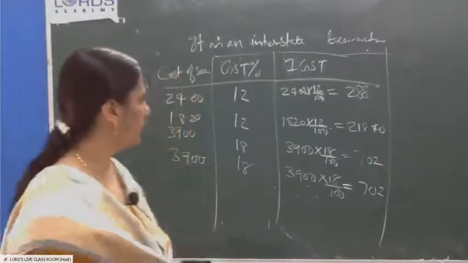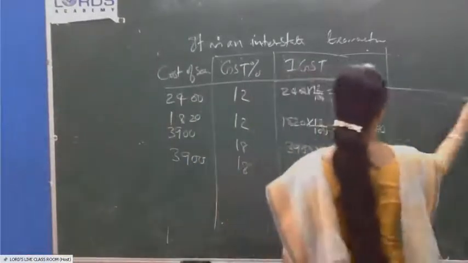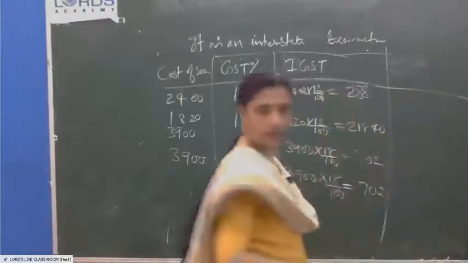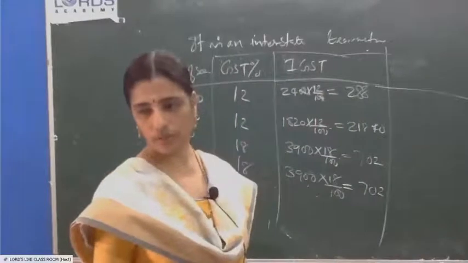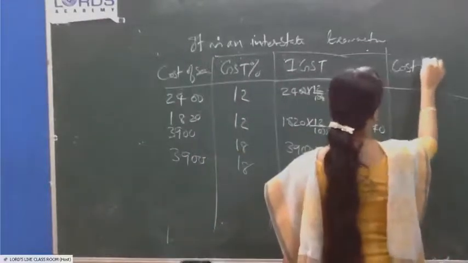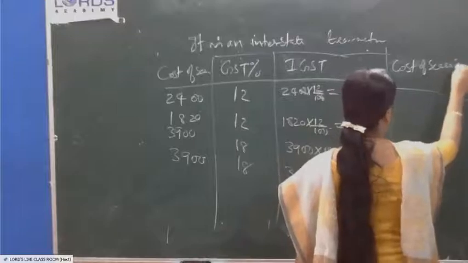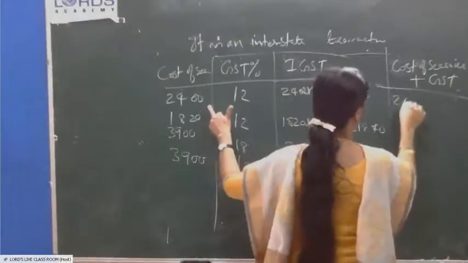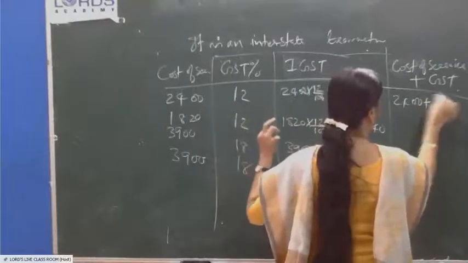Now, this is IGST only. So total, what do we have to write? Amount of service, or cost of service plus GST. All of you find 2400 plus 288.